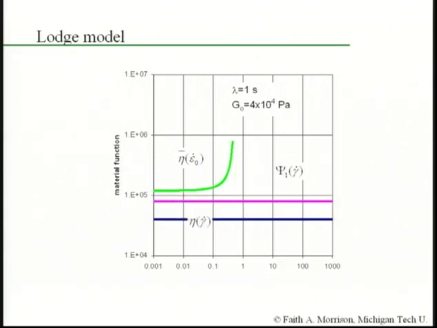If you go through and do the elongational viscosity, it predicts something very interesting. It predicts 3 times higher than shear viscosity, which is good. And then it predicts that it diverges to infinity at a critical value of the elongation rate, which is related to this relaxation time.